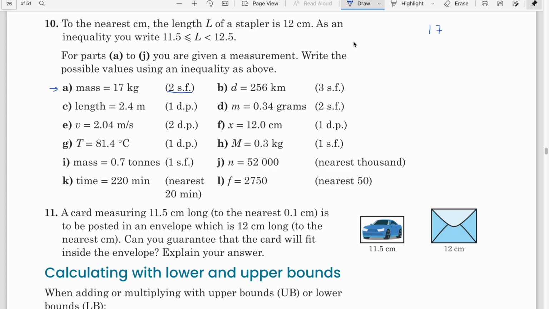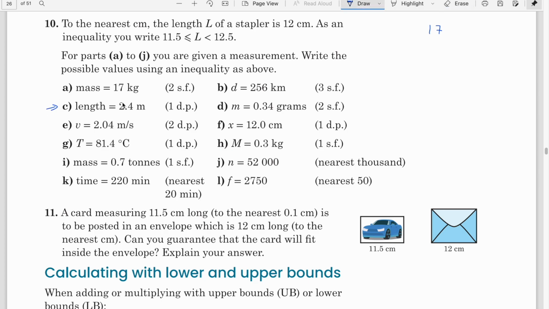What are we looking at? Decimal place is very much clear. One decimal place. I'll come back to this. Let me try C first. The decimal places.